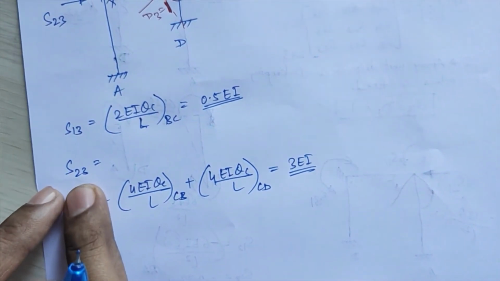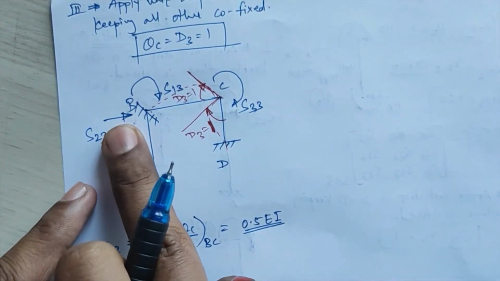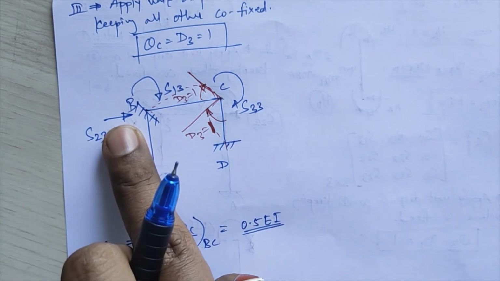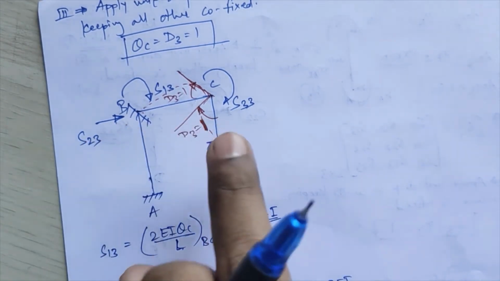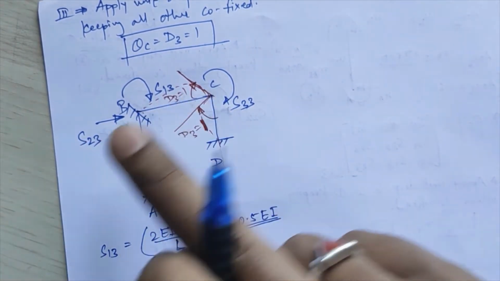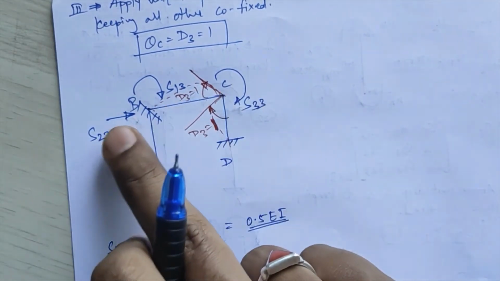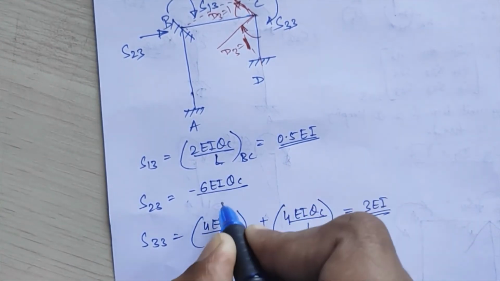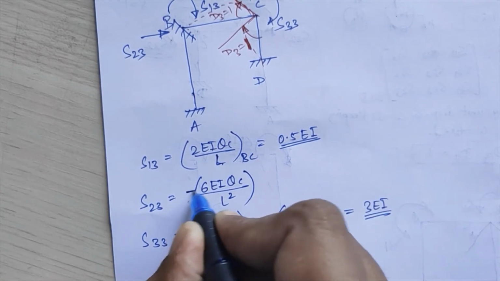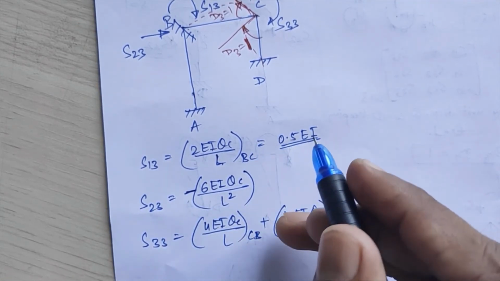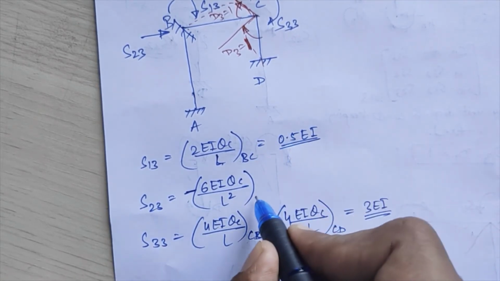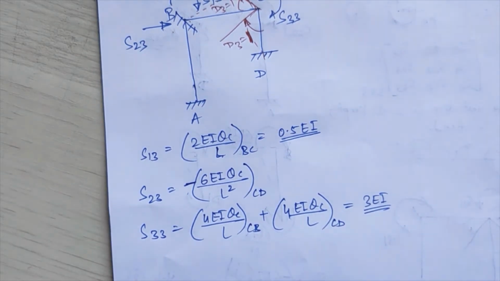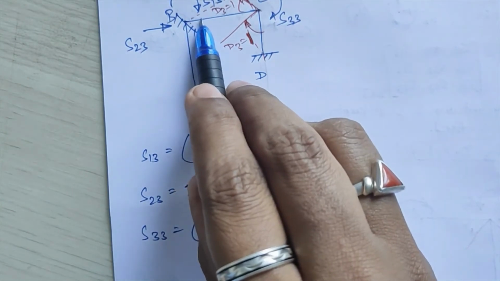Now I'll calculate S32. S32 is again a horizontal force. So which note will you use? Again note number 3. If you are applying theta equal to 1 and calculating force as your stiffness coefficient, the value comes equal to 6EI theta C upon L squared, and that will be for member CD, because joint B will not be getting deflected.